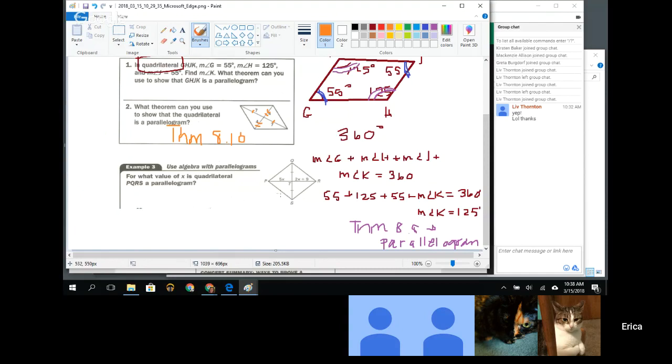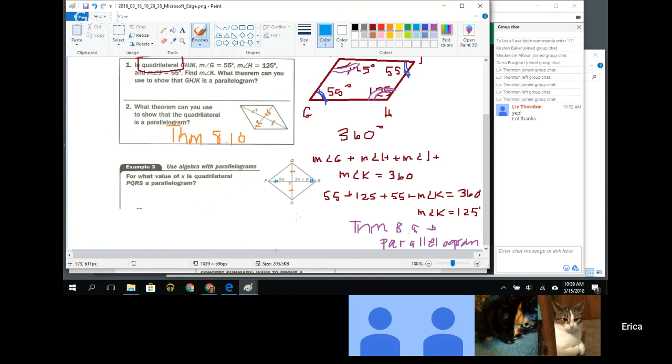Okay, and then last example here, we have a shape, and it says, for what value of x is quadrilateral PQRS a parallelogram? Well, again, these are diagonals of the parallelogram. We know that this diagonal already equals each other. So in order for this to be a parallelogram, these two sides also need to be congruent to each other.